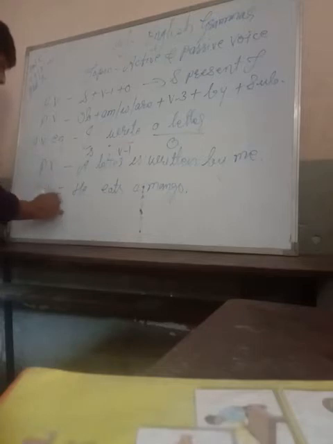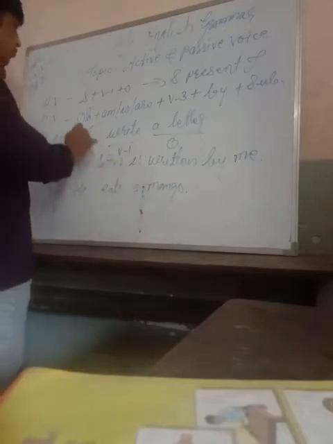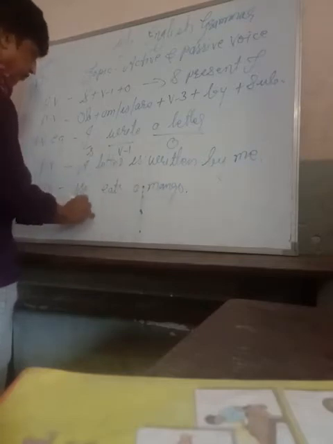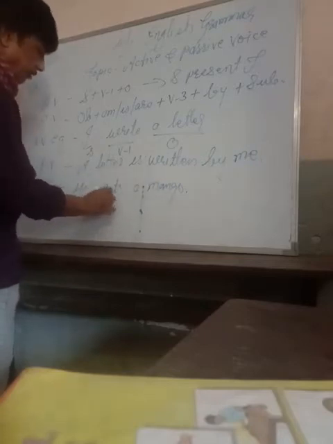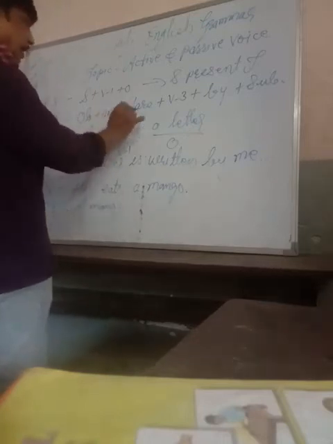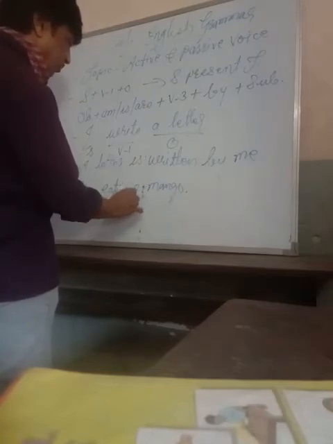First of all, we have to give the name to this sentence. It is an active voice. It is to be converted into passive voice. First of all, what comes first in the passive voice? Object. So the object is a mango, plus the to be form.